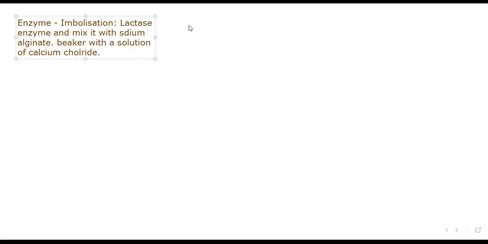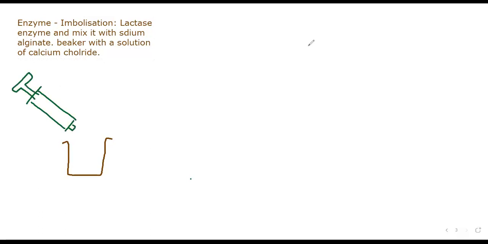The experiment looks like this. This is my beaker, and over here I would have a syringe. I can remove the needle of it. This syringe is going to be filled with a mixture of my enzyme and sodium alginate, right?